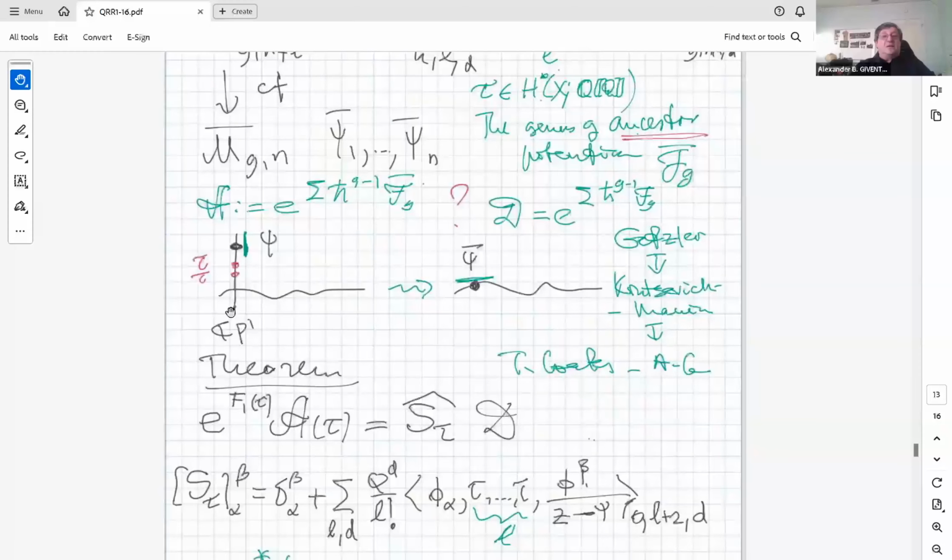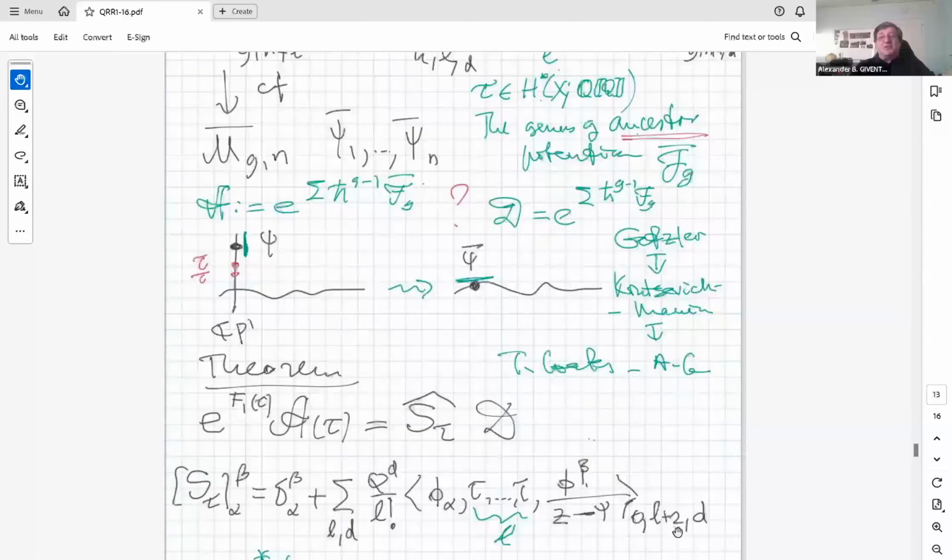Therefore, if you just look at these correcting terms, which make the difference between this curve and that curve, the Gromov-Witten invariants which correspond to such curves are captured by this generating function.